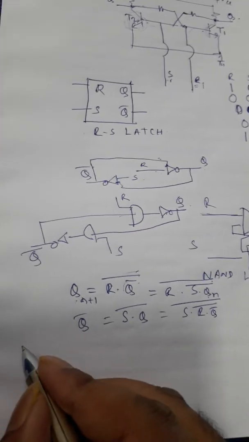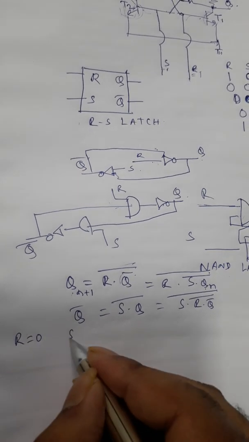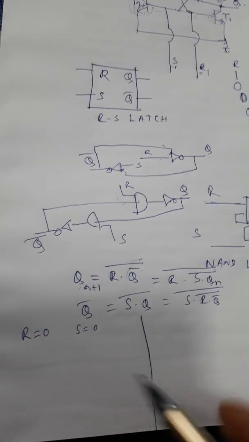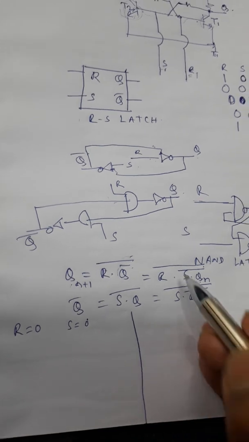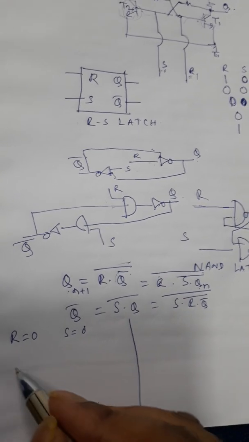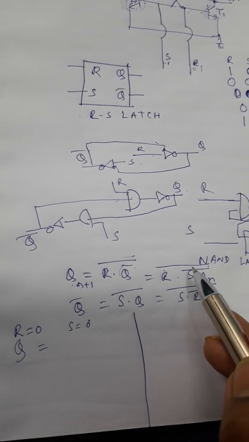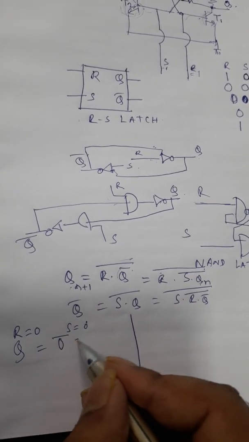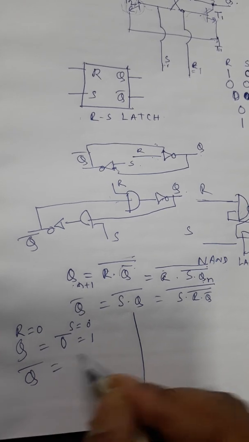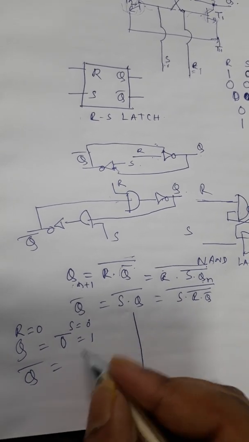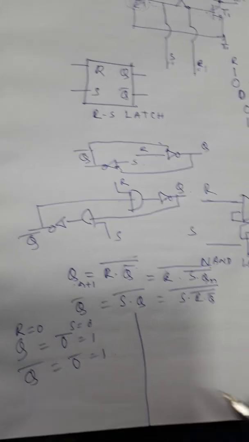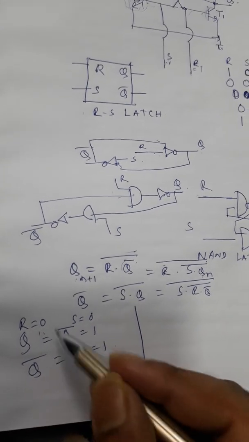Now 4 conditions are possible: R0, S0. Let us see what will happen when R0, S0. If you put 0, 0 here, we understand that 0 dot anything is 0. So this will be 0 bar and this will be 1. And Q bar also, 0 dot anything is 0, so 0 bar is 1. Now both of them cannot be 1, right?